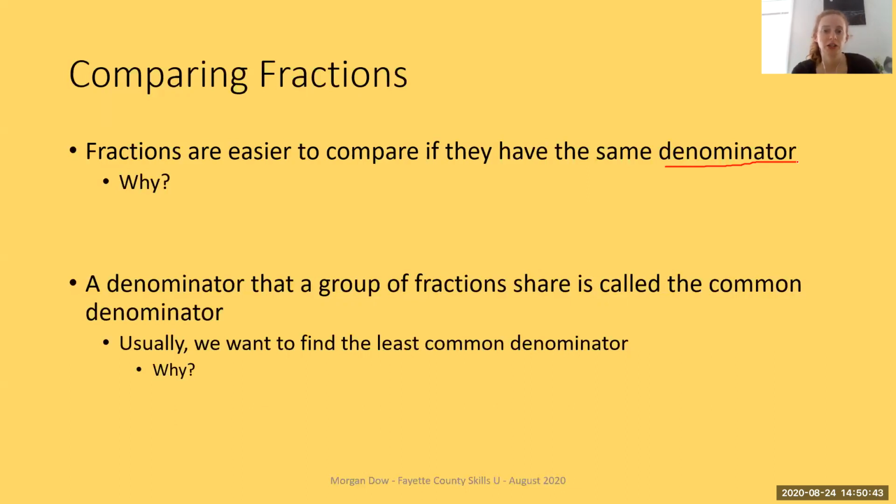So if you have fractions with a different denominator, let's say you have one pizza that's cut up into fourths, and you have another pizza that is the same size, just pretend those are exactly the same size pizzas.